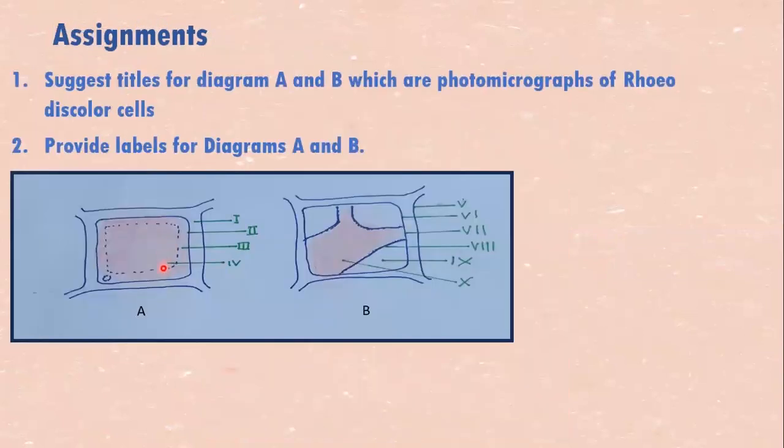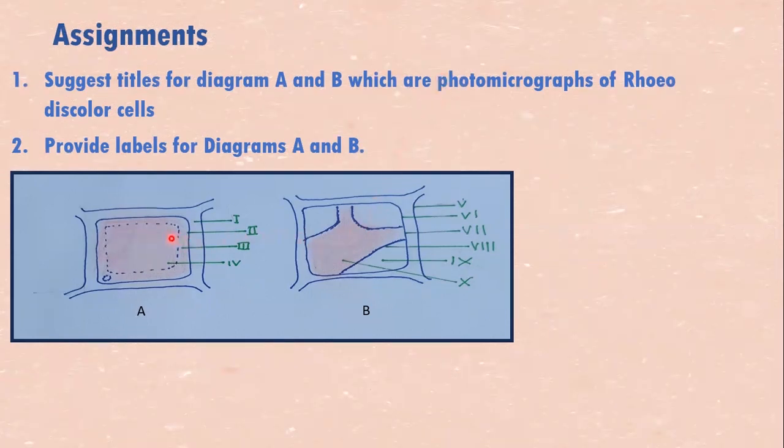Here we have two cells, cell A and cell B, which are photomicrographs of rhodoscalar cells. Photomicrographs, we discuss them under microscopes. A photomicrograph is a photo taken from a tissue under optical microscopes.